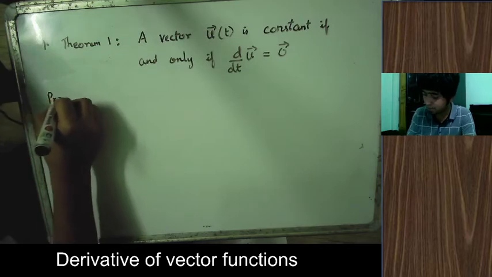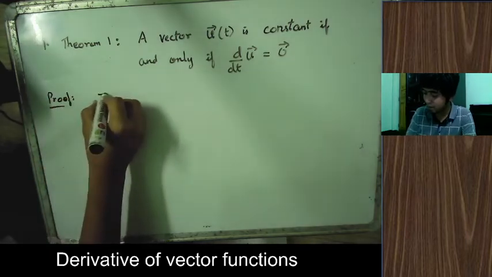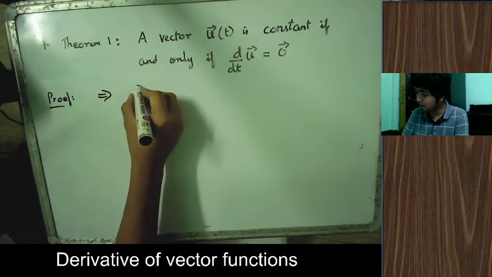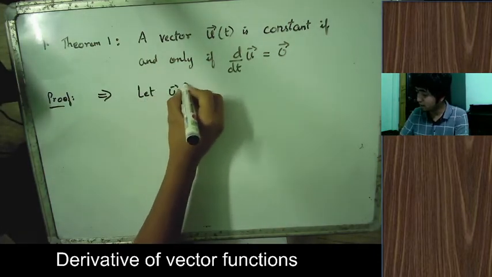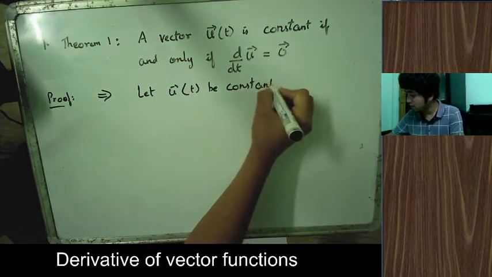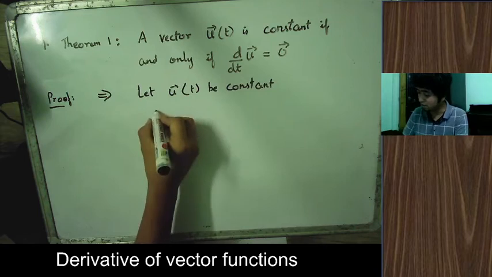Proof. We can prove the direct way. Let u bar (t) be constant. So we need to prove du/dt equal to 0.